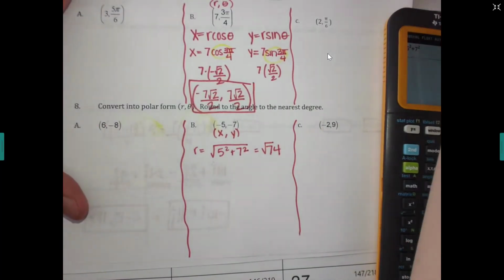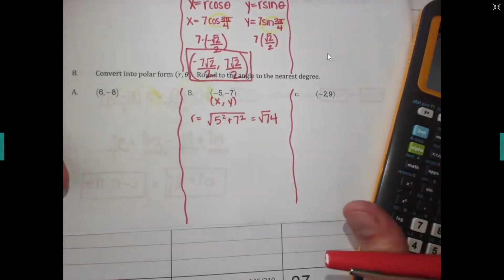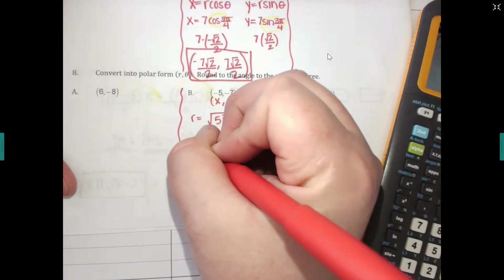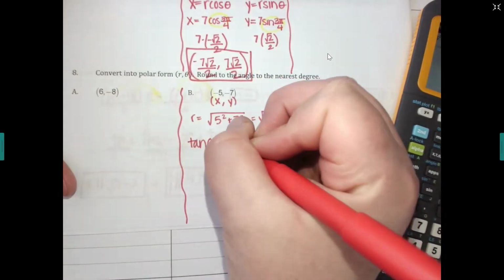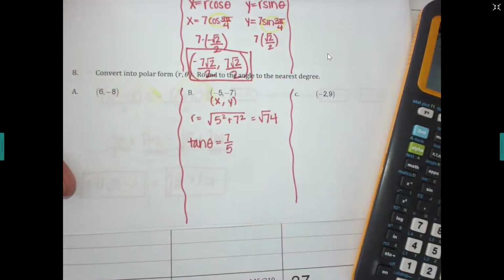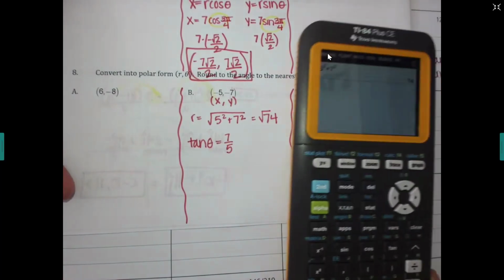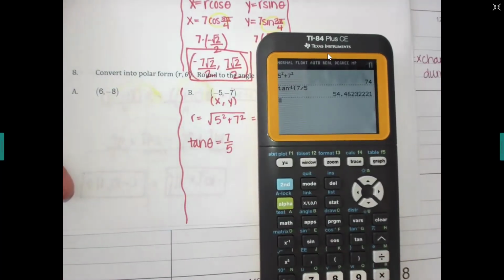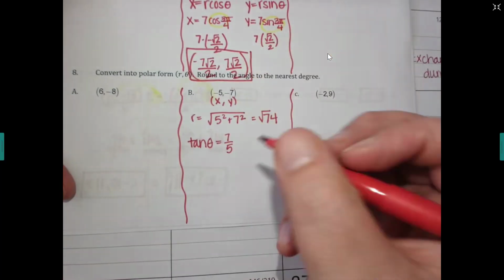After I find my r, I need to find my theta. And remember, the steps are the same as they were for vectors. So you're going to start with your tan theta is y over x. You're going to find that answer and then plug into your direction chart. So second tan, 7 over 5, gives me 54 degrees.